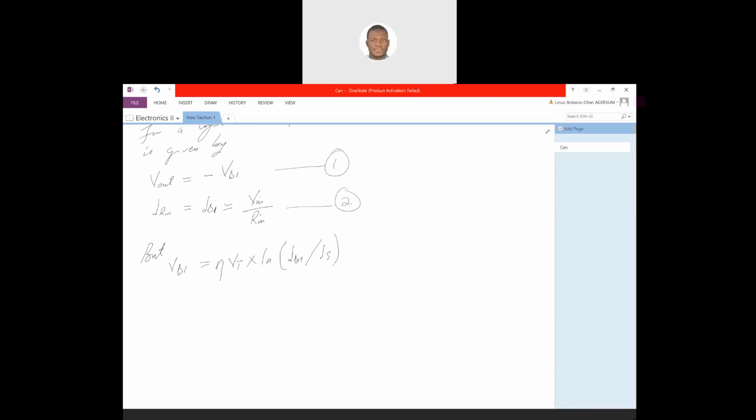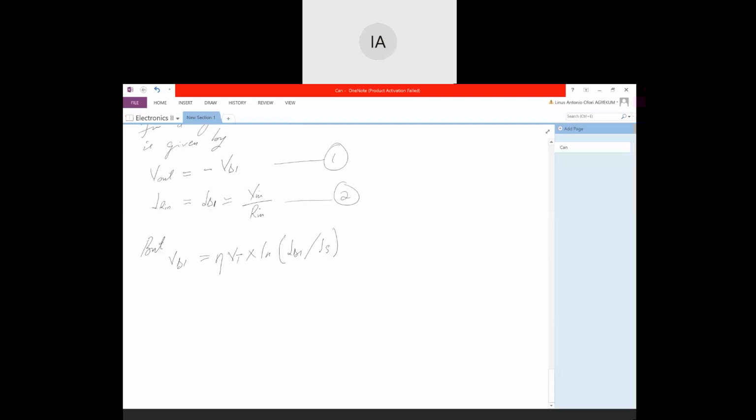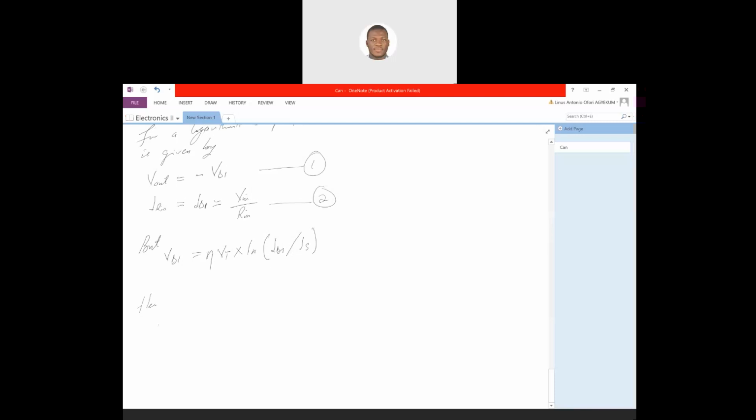So now what happens here is that if we substitute what we have here into equation 1, we are going to have our V out equal to minus VT times ln of V in divided by IS times R in.